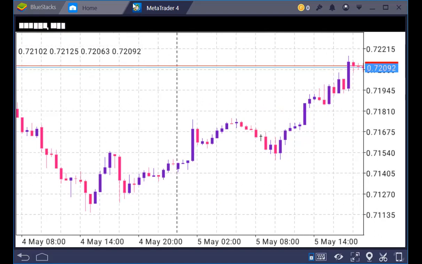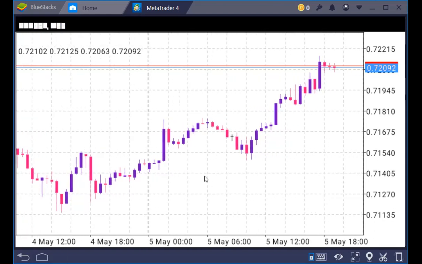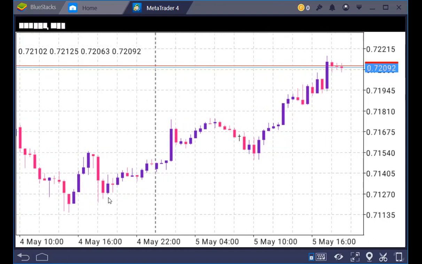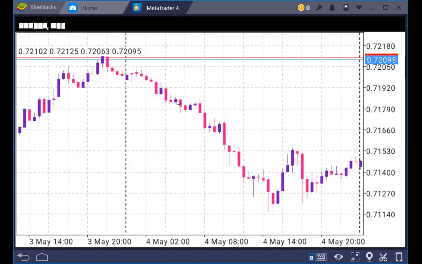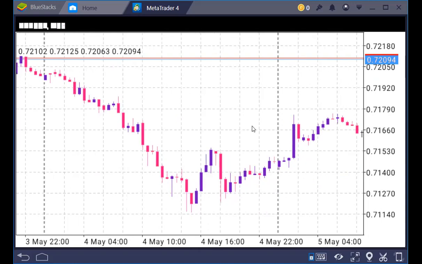So when we're talking about the market, we're expecting the market to buy. That means we're expecting the market to move up. Like you can see, the market has been moving up. So when we're expecting the market to sell, we're expecting the market to move downwards. So the direction is always either going up or coming down.